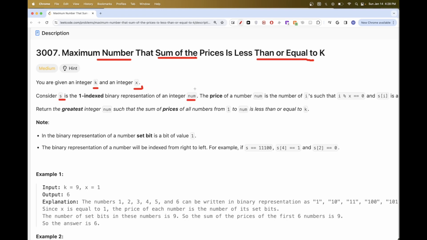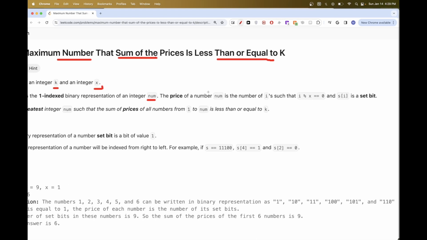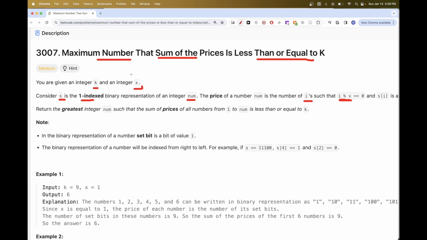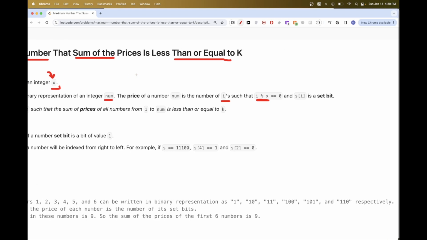For that number, where is the concept of price? The price is basically the number of indices in the binary representation, starting from 1, where i is divisible by x, but also the bit at position i is set.